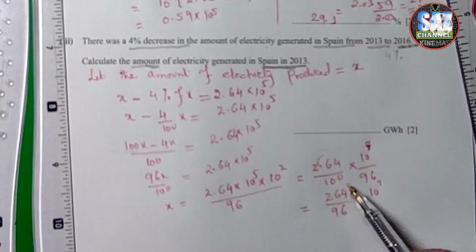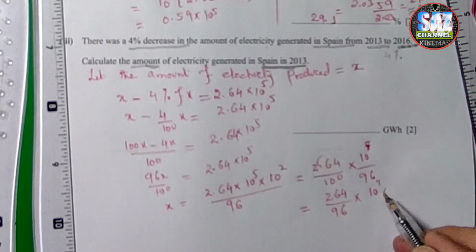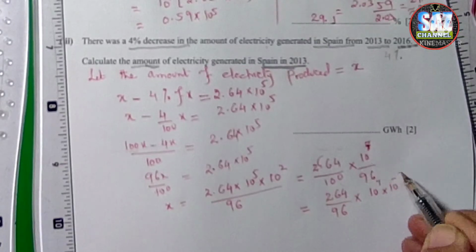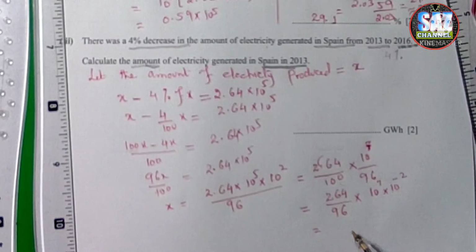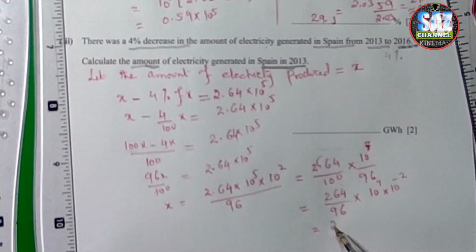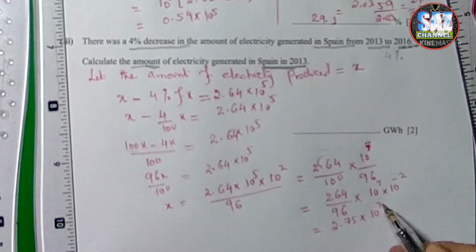When I take this 100, which is 10 raised to power 2, up, it will appear in this form. Now 264 divided by 96 gives me 2.75 multiplied by 10 raised to power 7 minus 2.